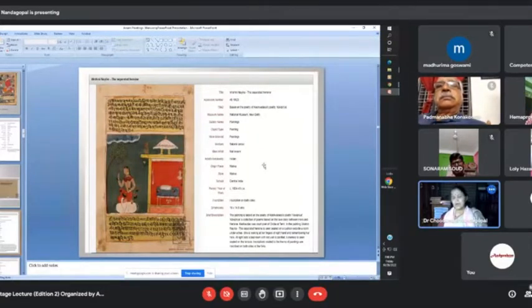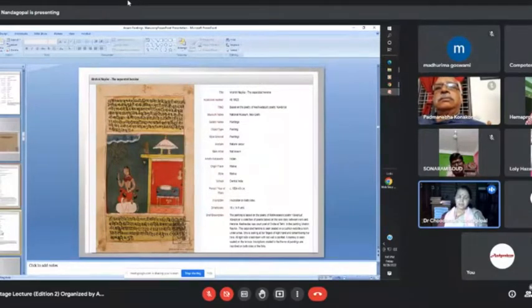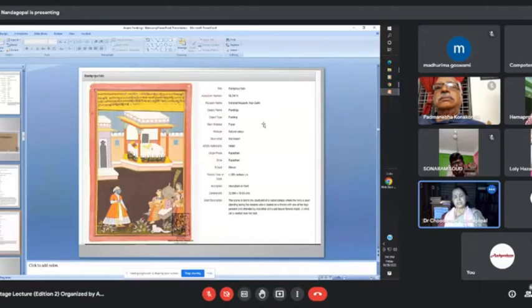So this is from Malwa, a manuscript and miniature both. So this is another Rasika Priya folio from National Museum. You find the writing is here. They give importance to painting also.